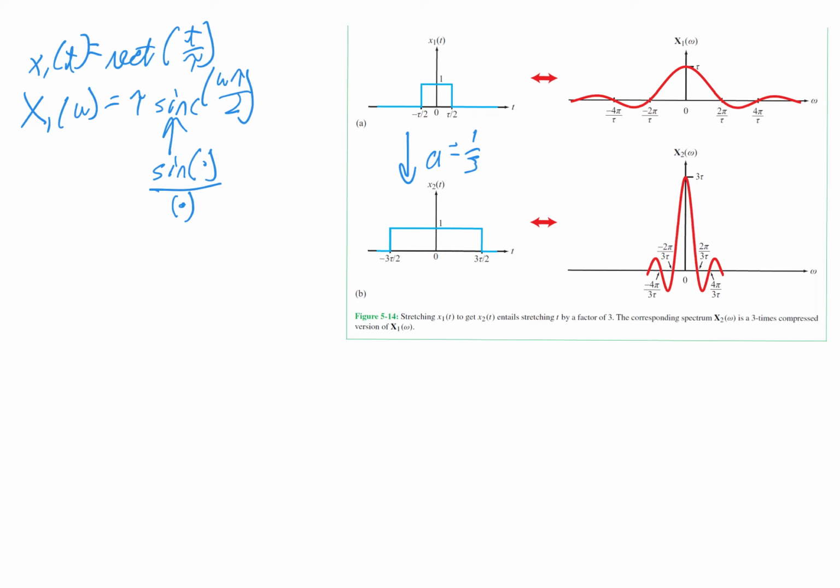Now let's do the Fourier transform of a fairly simple signal. Let's let x of t be equal to an impulse at t0. So now we will take the Fourier transform of that.